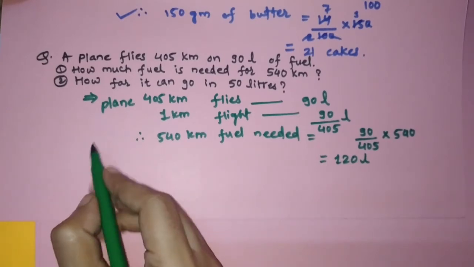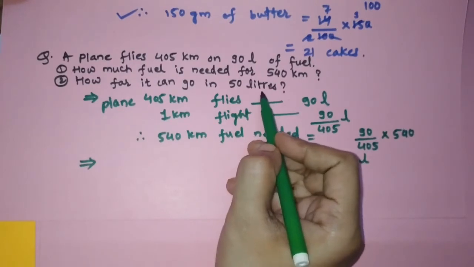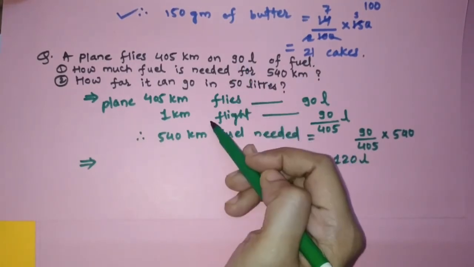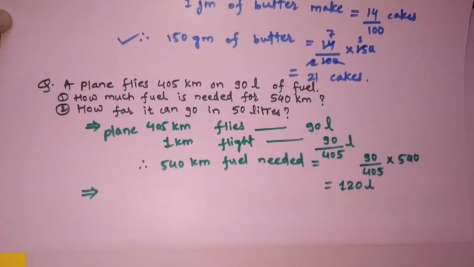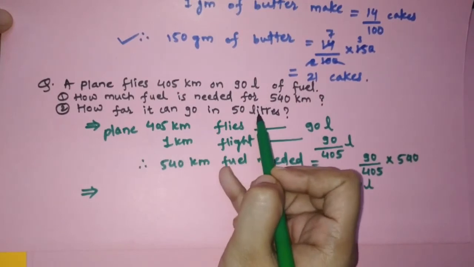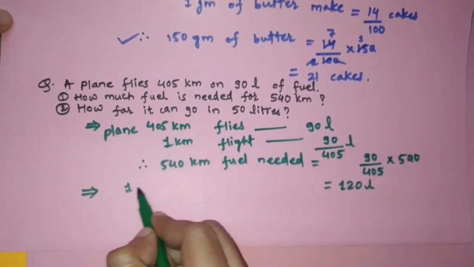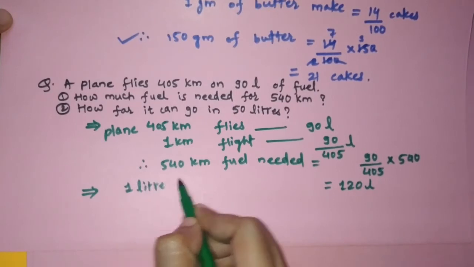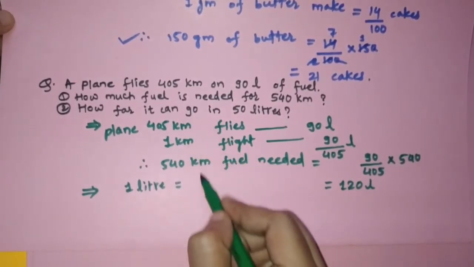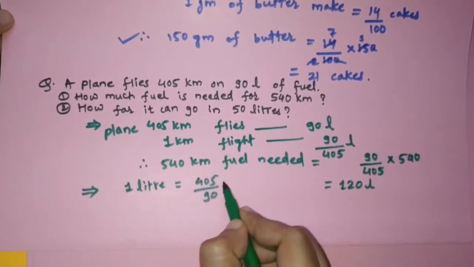And now we need to find out the other part, which is how far it can go in 50 liters. So first we'll find out for 1 liter how much it is going to cover. For 1 liter it is covering 405 divided by 90 kilometer.